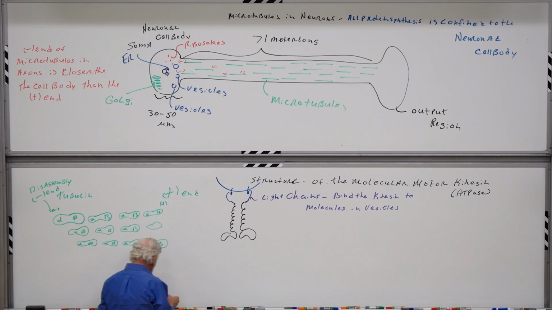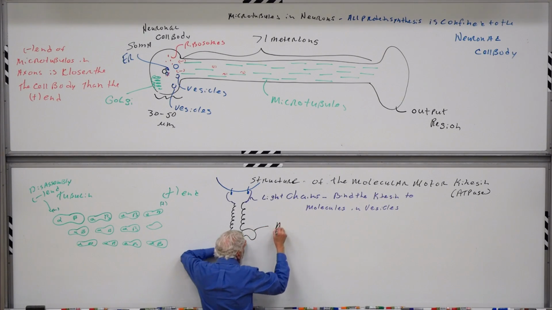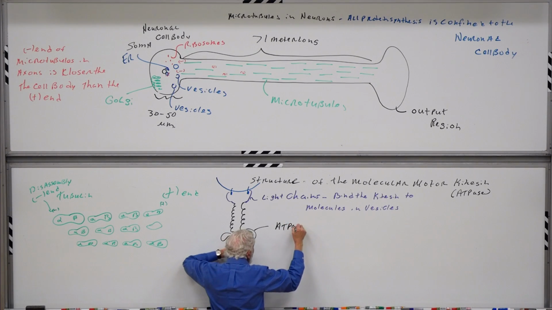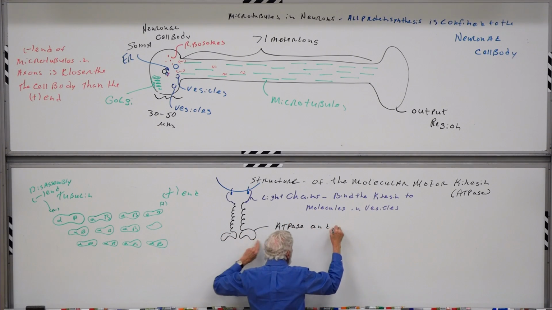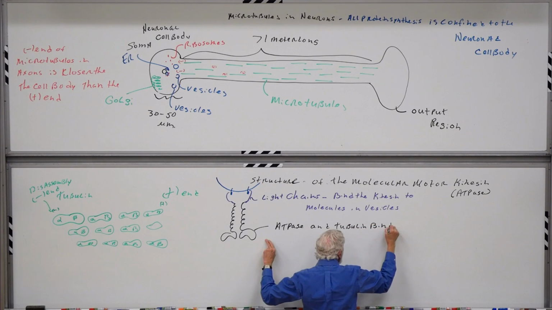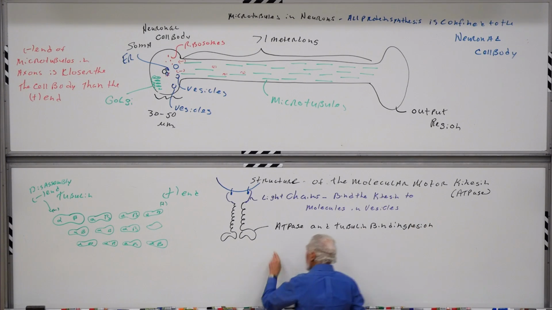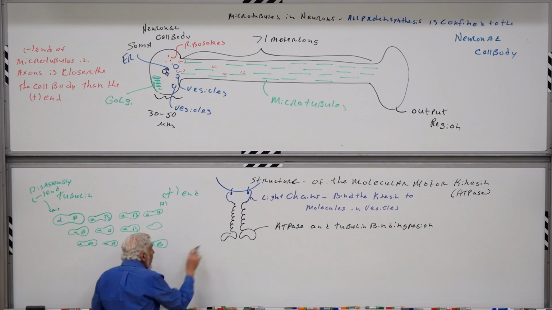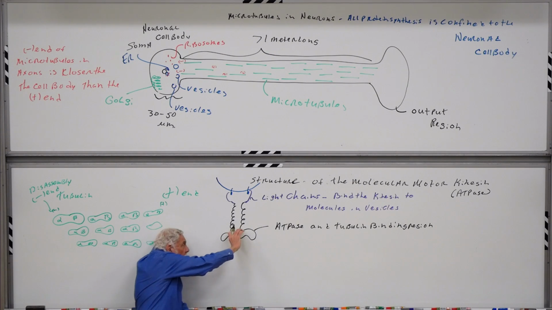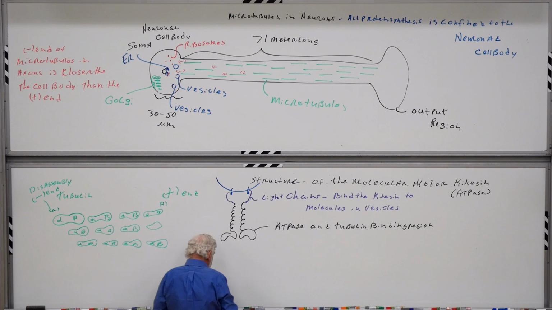The foot of the molecule down here is the ATPase and tubulin binding region. So this divot or arch that I put in the foot of the kinesin molecule, this site here, is where ATP binds.